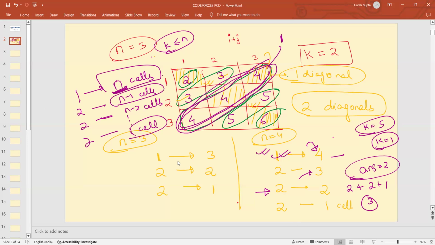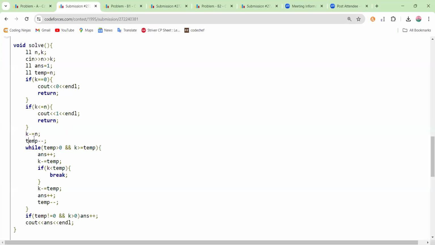Since we initialized our temp with n, we simply decremented our temp, and also initialized our answer with 1, because once we do k minus equals n, this means that we have already filled one diagonal, right? So I am initializing my answer with 1.